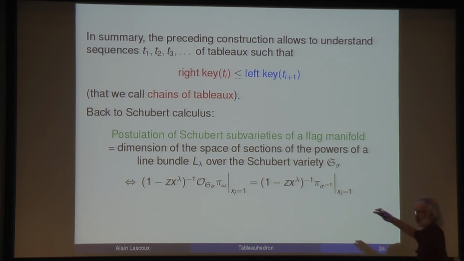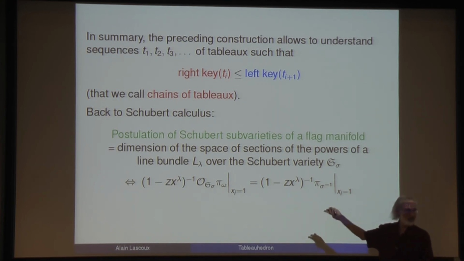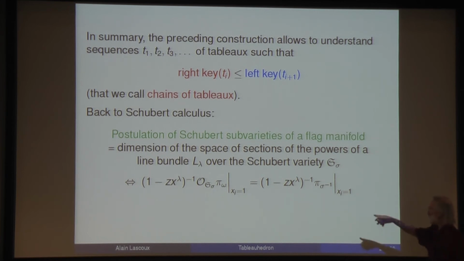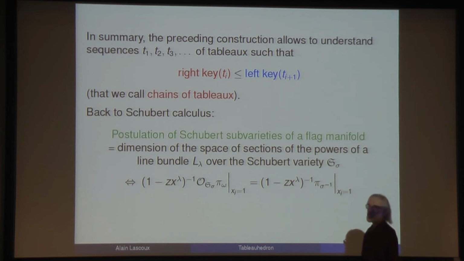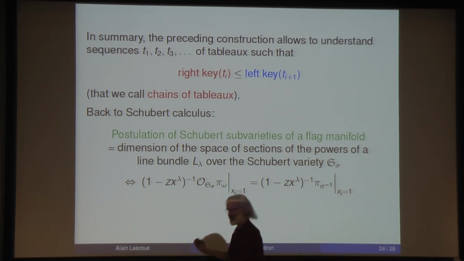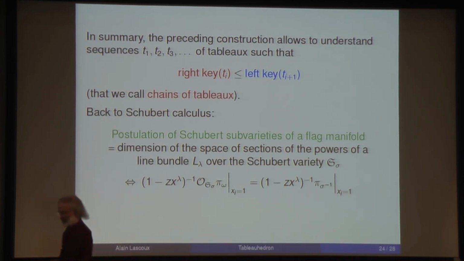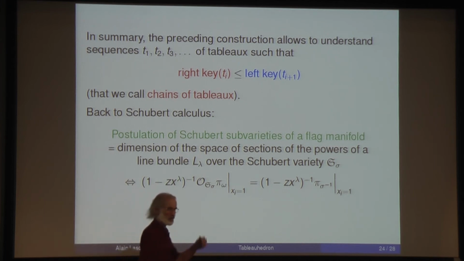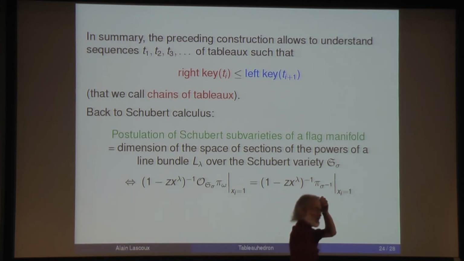And so this is the operator which computes the dimension of the H0, so it's just decoding an algebraic geometry problem, and I specialize xi to 1. And this gives me a rational function which gives the Hilbert series, or which exactly counts the postulation, because the dimension of the H0 of, let's say, the dimension of the spaces of sections of Schubert.